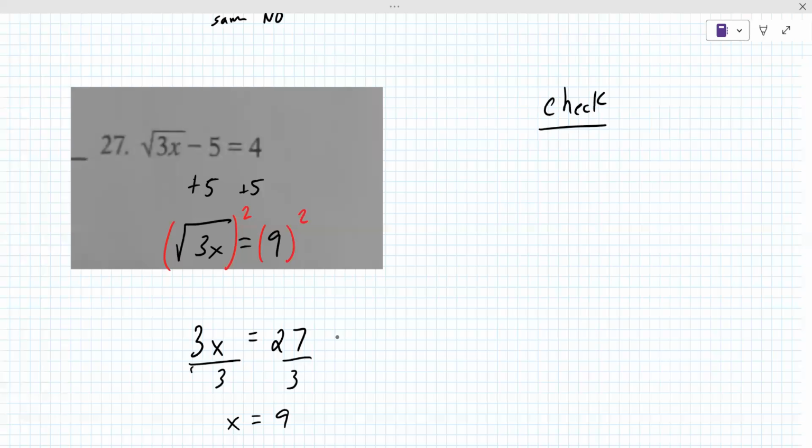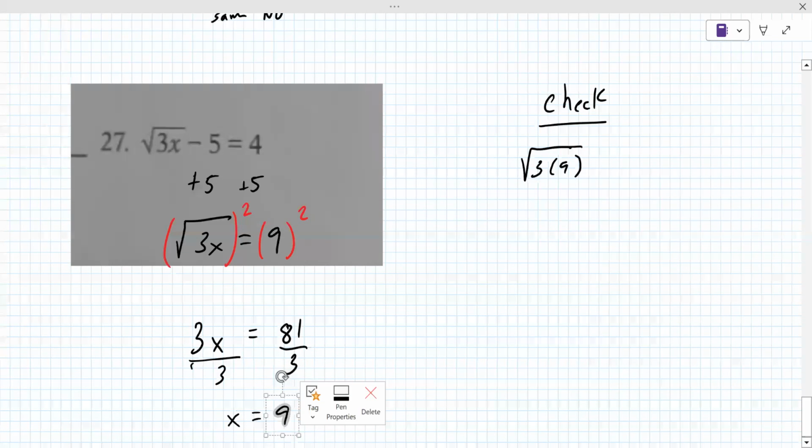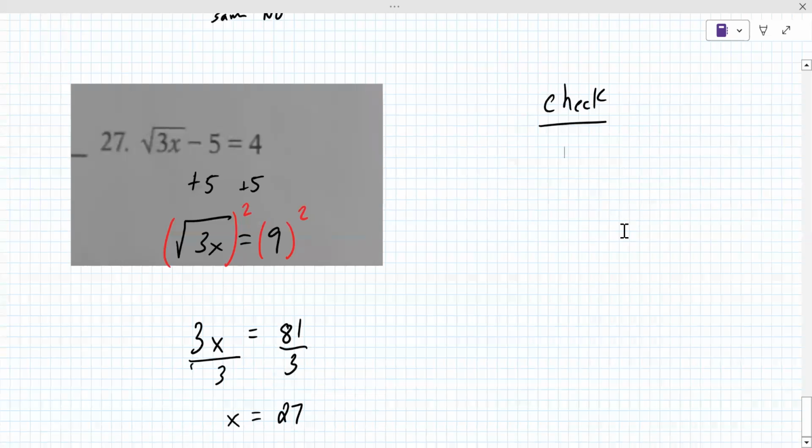Your check here is to put 9 in for x. I'm sorry, I messed this up. This is 81 when you square 9, and when you divide by 3, it's 27.